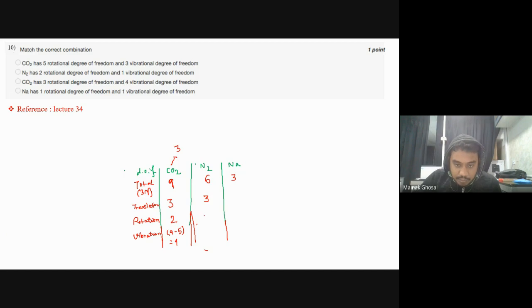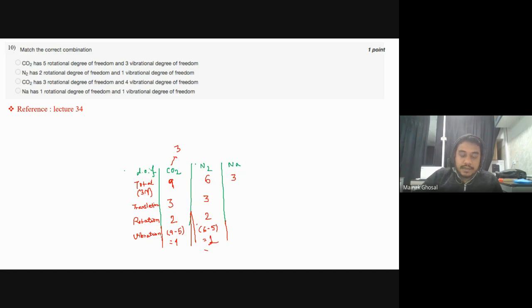That's why its rotation will be similar to that of carbon dioxide. And now, how many degrees of freedom for vibration? So 6 minus 3 plus 2, which is 5, so we'll get 1.